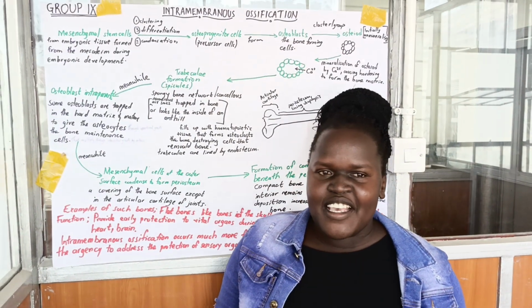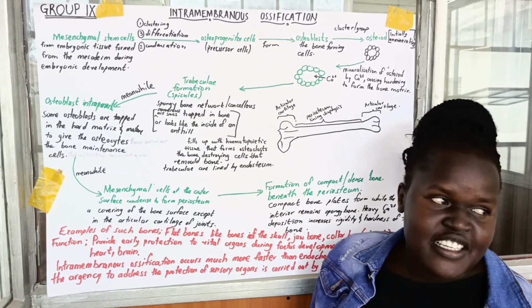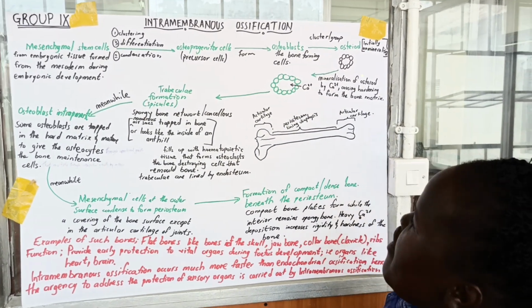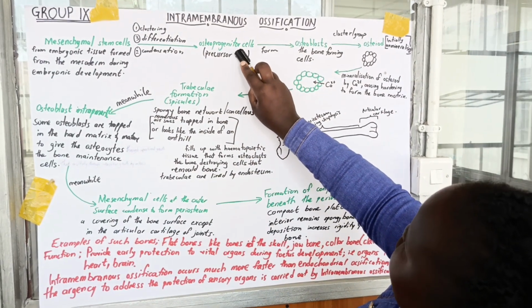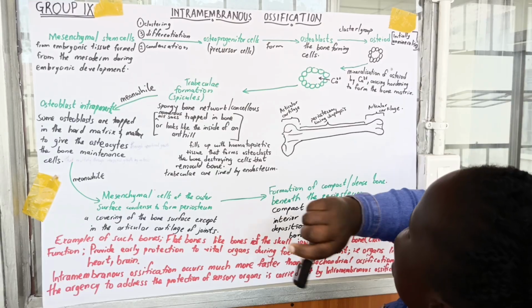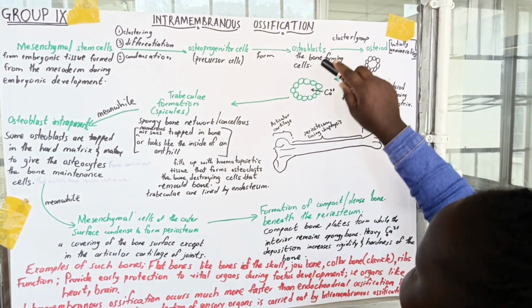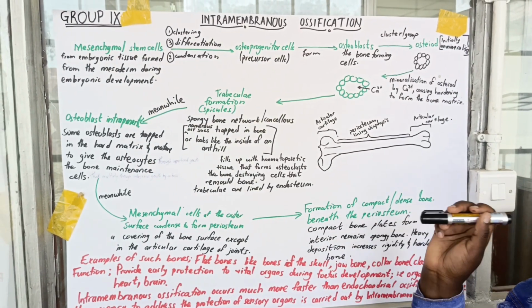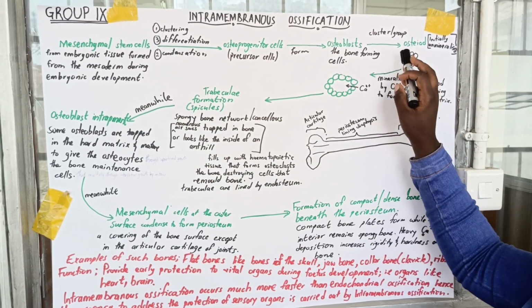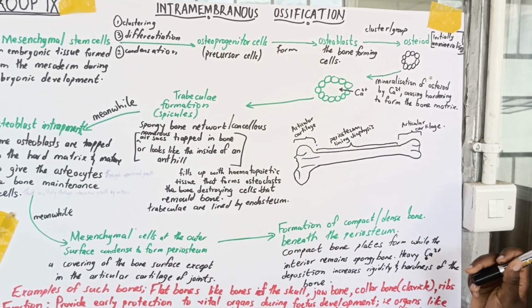I'm going to continue from the cells which come together to form osteoblasts. These osteoblasts are bone-forming cells, and they cluster together to form osteoid, which is initially unmineralized.